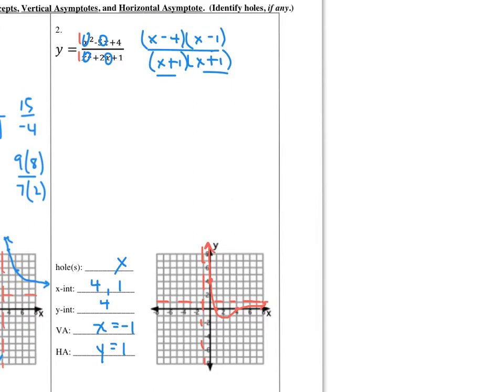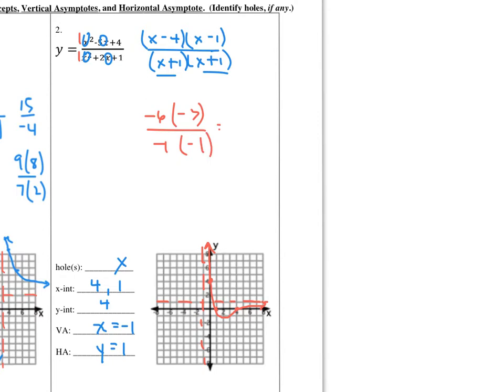Okay, and then on the other side, I should just plug in negative 2 and negative 3 and see if I can get some points. So negative 2 would give me a negative 6 times a negative 3 all over a negative 1 times a negative 1, which gives me positive 18, so that's not even on the graph.